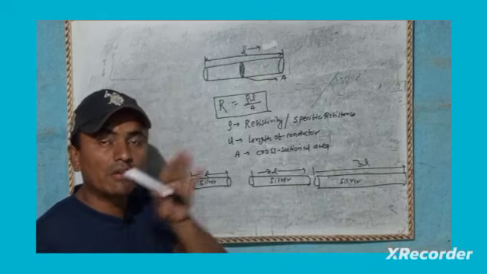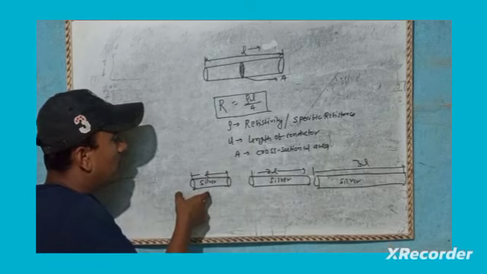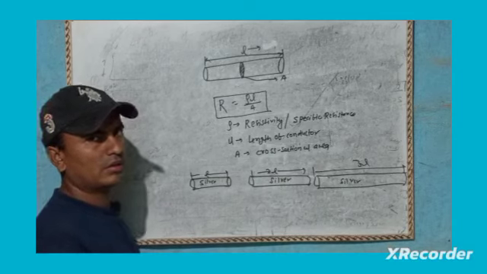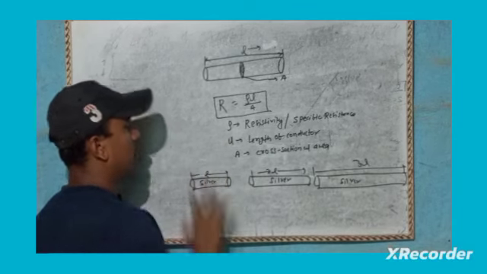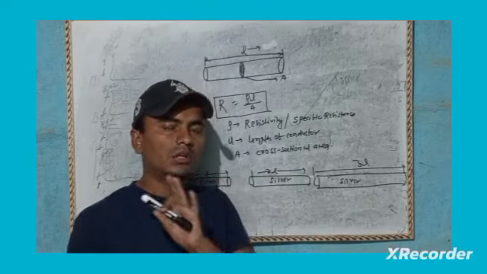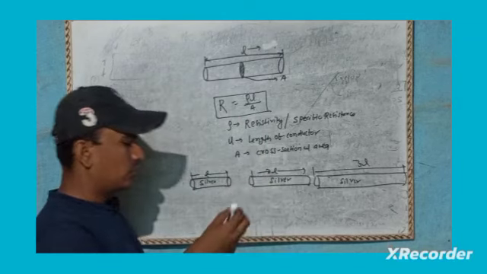You can say never, because resistivity depends only on the metallic property. Yes or no? It is a metallic property. If you increase the length, it does not affect the resistivity. Suppose it is silver.